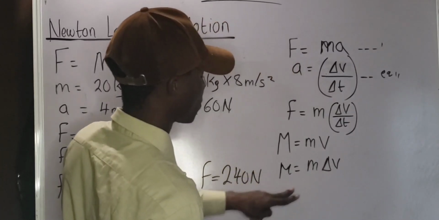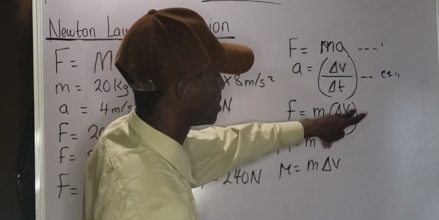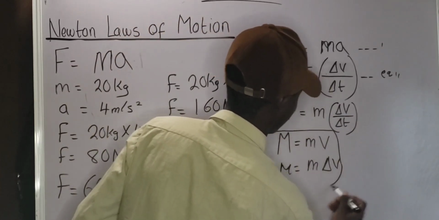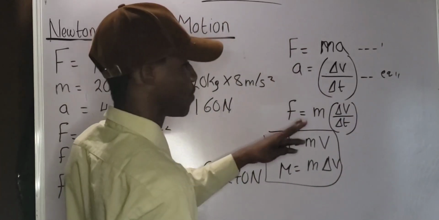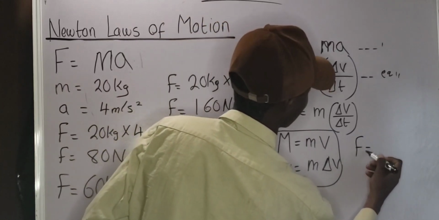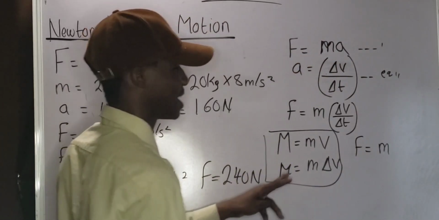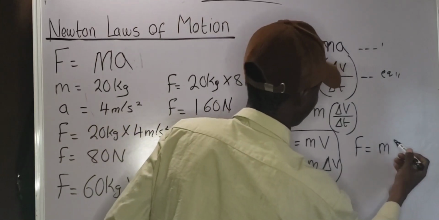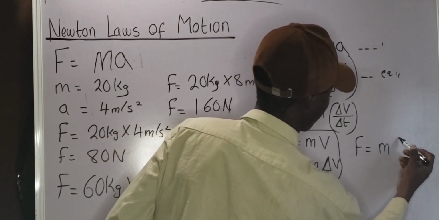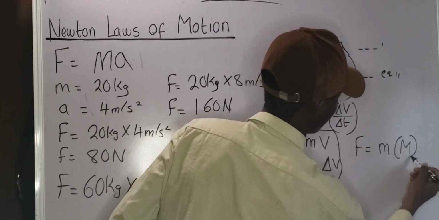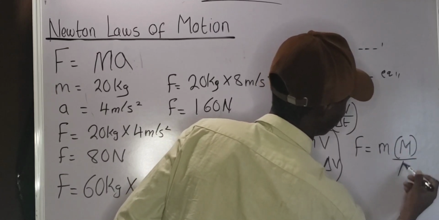So I can substitute the value of momentum into this equation. Please, this is the equation that we are following. So force is equal to small letter m multiplied by big letter M all over change in time.